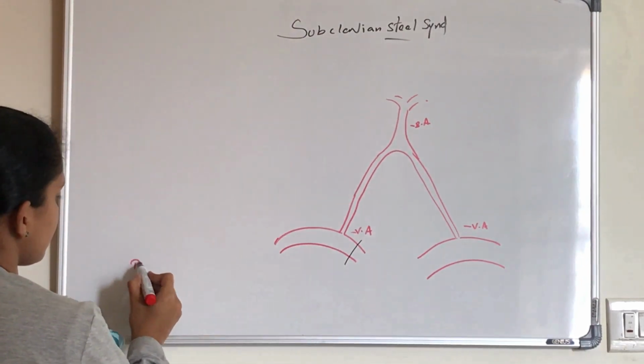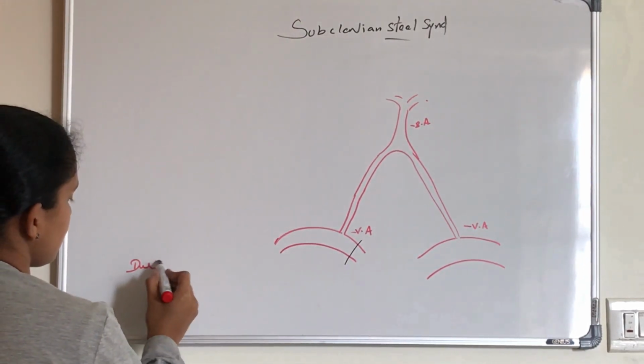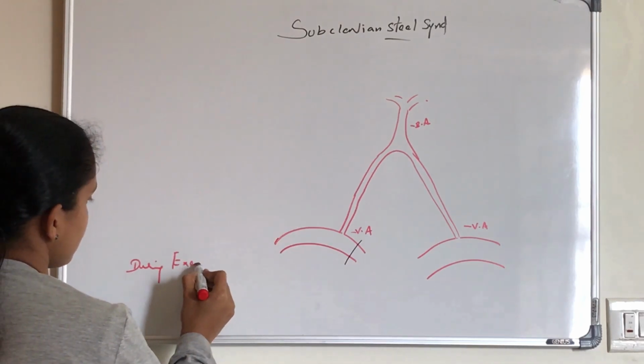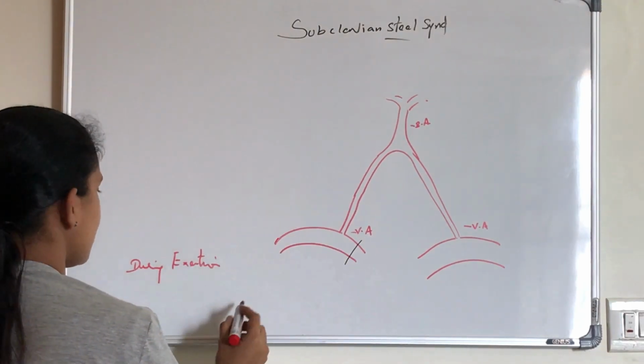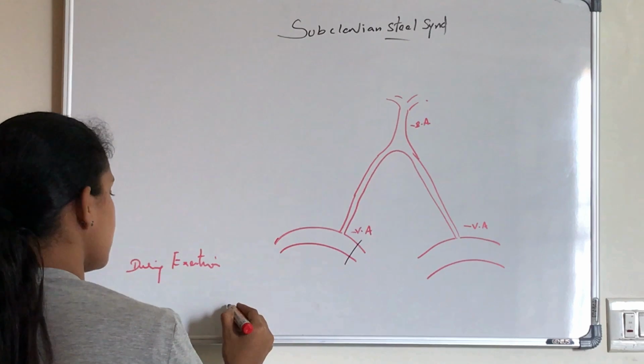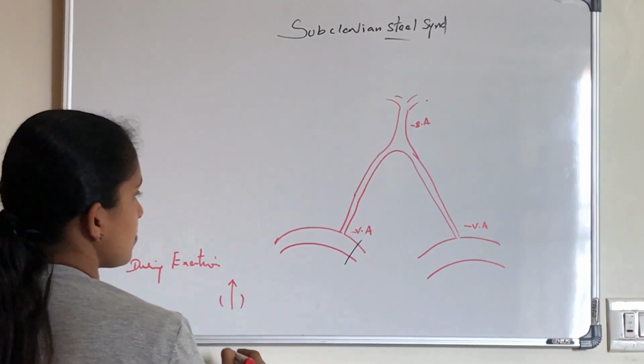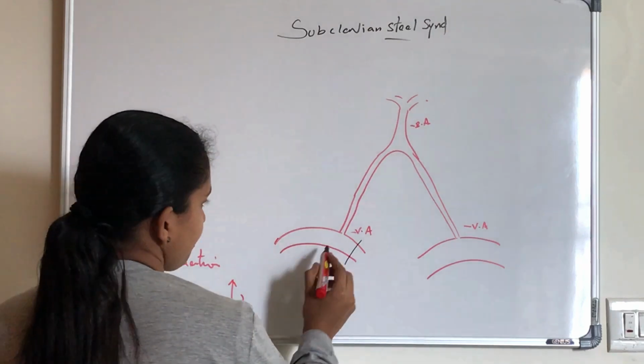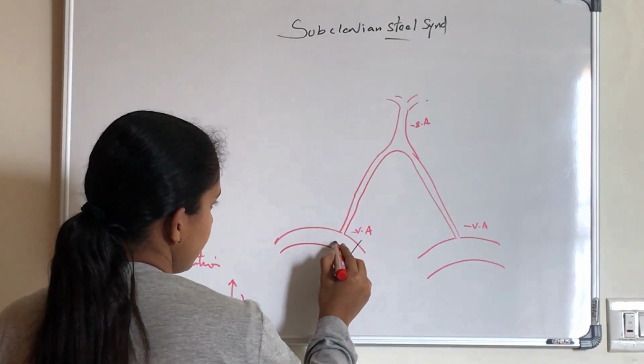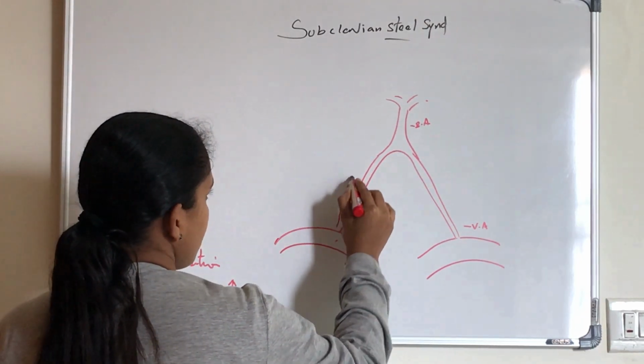What happens? The affected arm still receives its blood supply, and also the blood supply increases during exercise or any other physical exertion. How does it receive more blood?